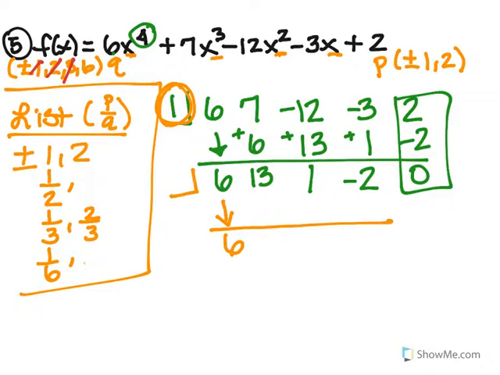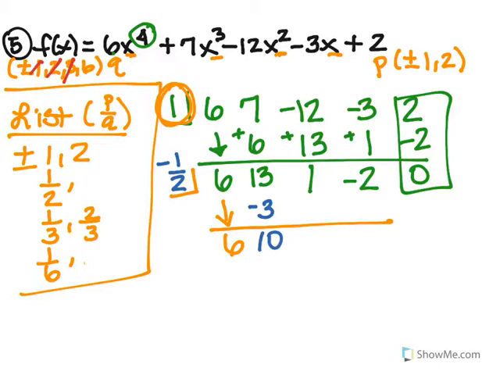Next, let's try negative 1/2. I want you to remember you got the positives and the negatives in this list. So we know a negative and a positive is going to result in a negative. And I'm going to divide by 2, or you can say half of 6. It's pretty simple. Half of 6 is 3. So that's 13 minus 3, which will give us 10.